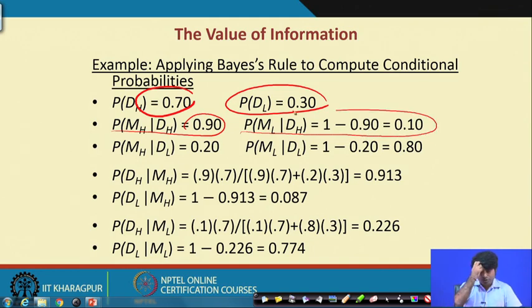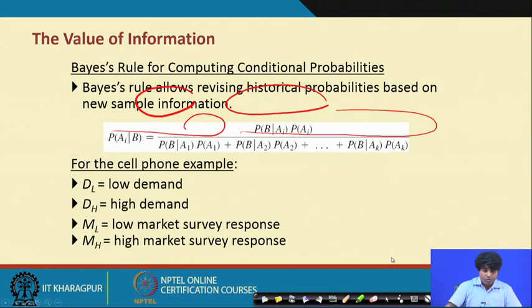This means there is high market demand and low market demand. Here, DL stands for low demand, and TS stands for high demand. ML stands for low market survey, and MS stands for high market survey.